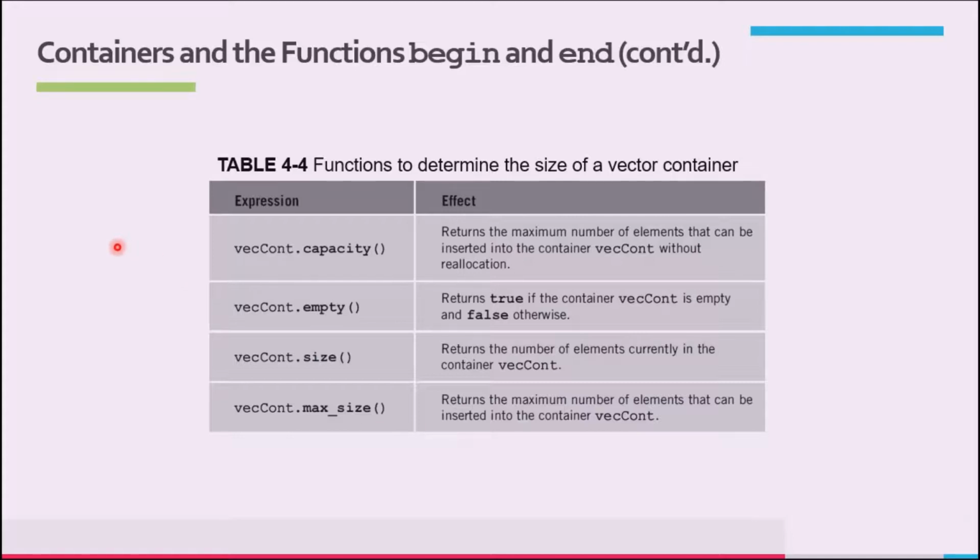Suppose that vecCont is a vector container. vecCont.capacity returns the maximum number of elements that can be inserted into the container vecCont without reallocation. vecCont.empty returns true if the container vecCont is empty and false otherwise. vecCont.size returns the number of elements currently in the container.